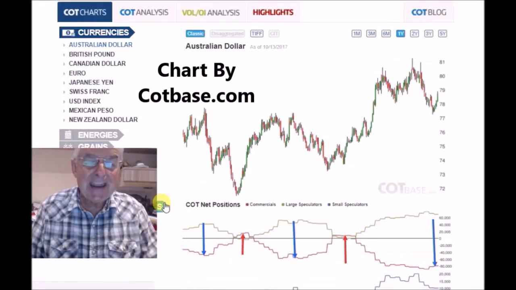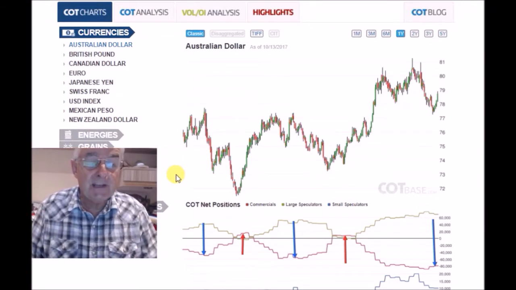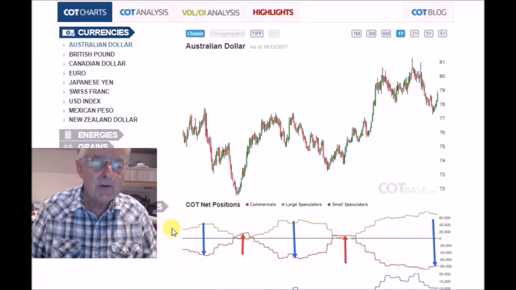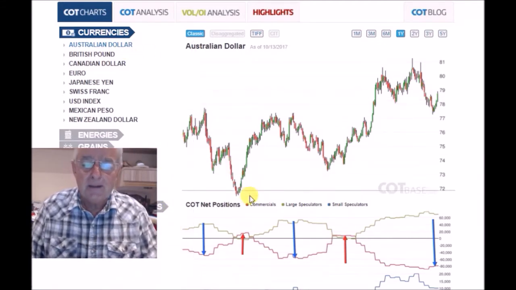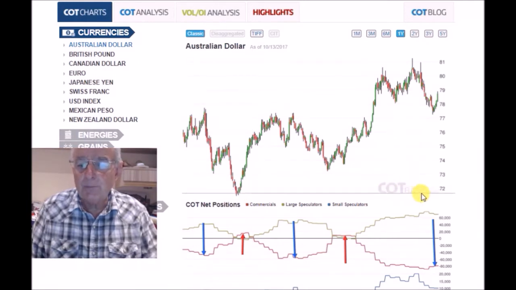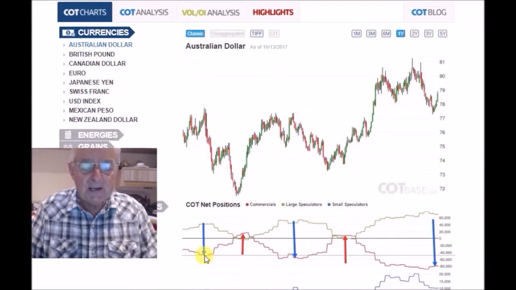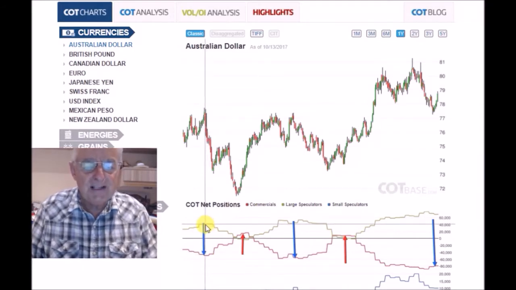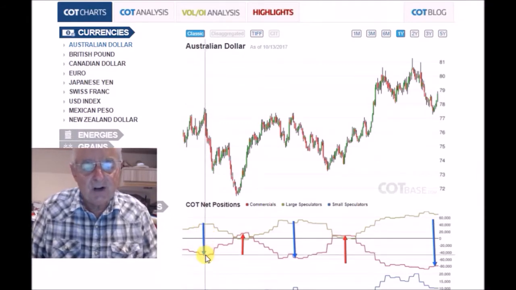Here we have a graph of the positions over 52 weeks, that's a year, for the Commitment of Traders of the commercials and non-commercials. This is for the Australian dollar, and this chart is produced by cotbase.com. You can see here where we got to a low position with the commercials, and we're completely opposite to the speculators, who have a long position, so we're short.